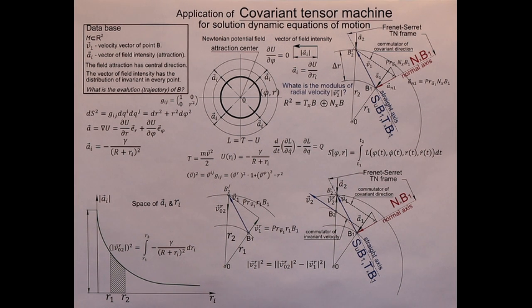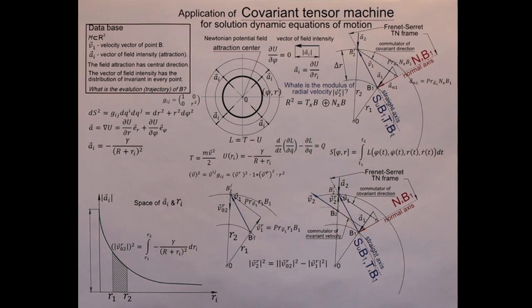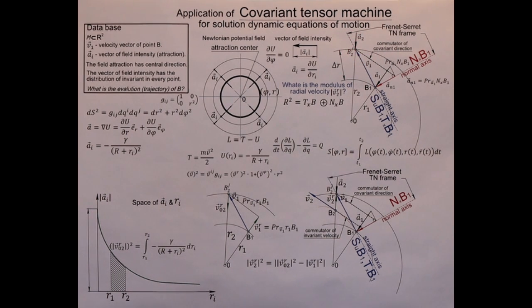Build the graph of the distribution of the invariant intensity vector against the radial coordinate. The arrow of the velocity vector shows the possible change in radial coordinate without action from the field. It is point B2.